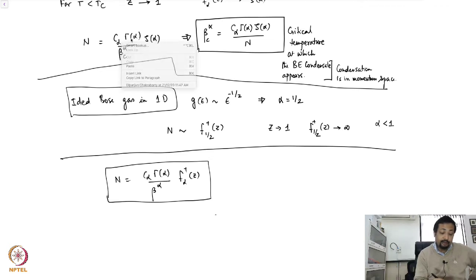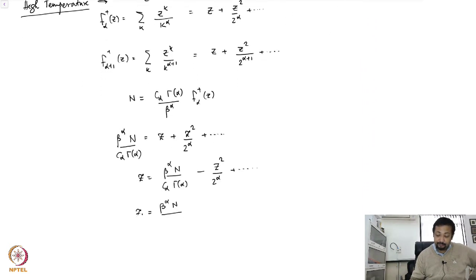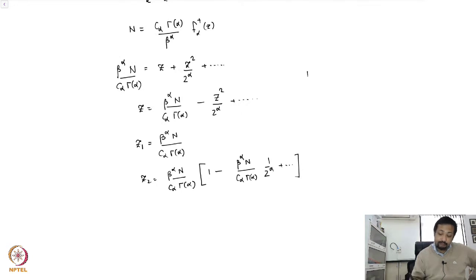So C_alpha Gamma(alpha) divided by n, the condition for the condensation to happen at the temperature was given by C_alpha Gamma(alpha) beta_c to the power alpha times zeta alpha.